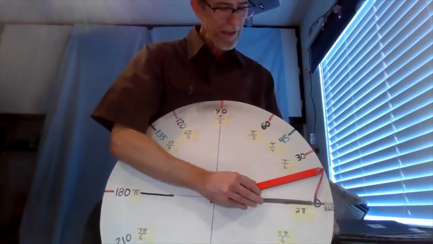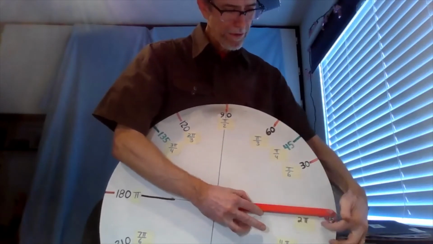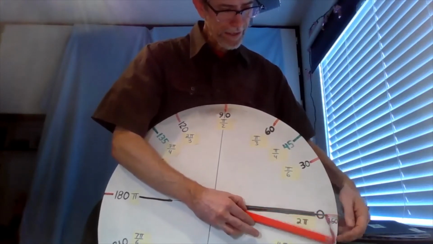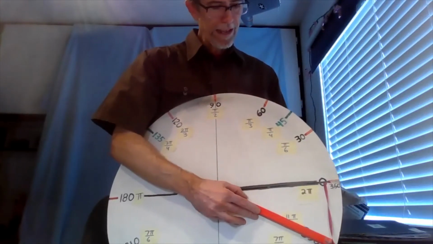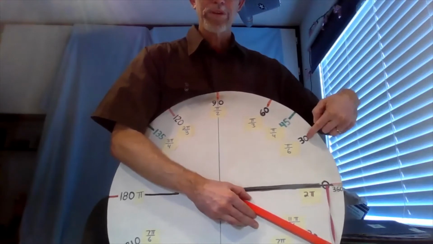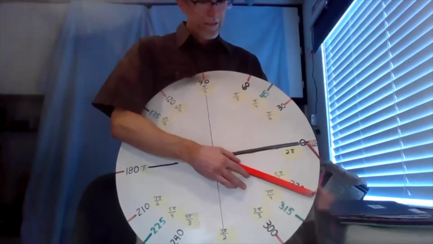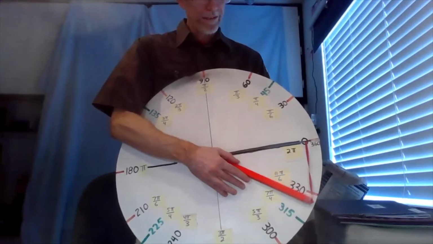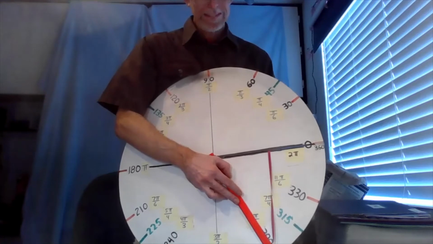Okay, now with a negative angle, instead of going upward, you go downward. I'll try not to tangle that up. I know this says 330, but isn't that the same as negative 30? You could go up 30, or you could go negative 30 degrees, negative 45 degrees, negative 60 degrees.